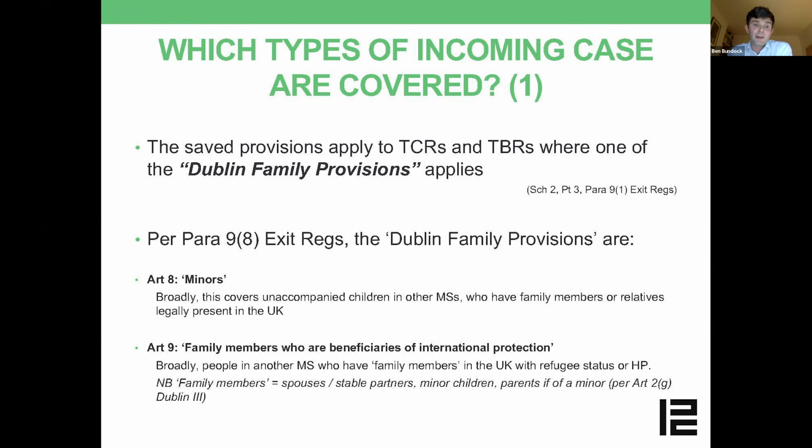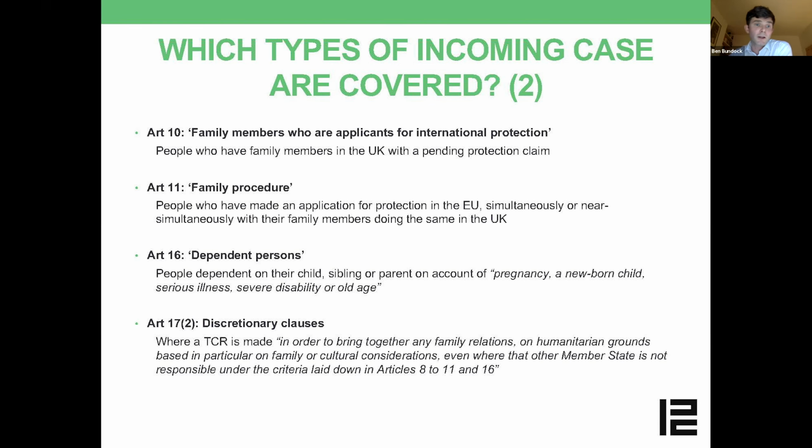The definition is there in paragraph 9.8 of the exit regulations, and it's the provisions on unaccompanied minors, family members, meaning spouses, minor children, parents of minors who are beneficiaries of international protection, then articles 10, 11, 16, 17 to, I won't cover all of those in detail. If you practice in these areas, you're likely to be familiar with the scope of these provisions. So those are the cases that are covered.